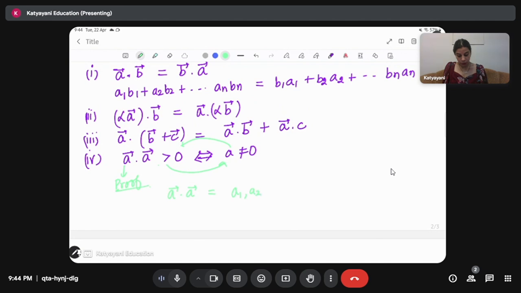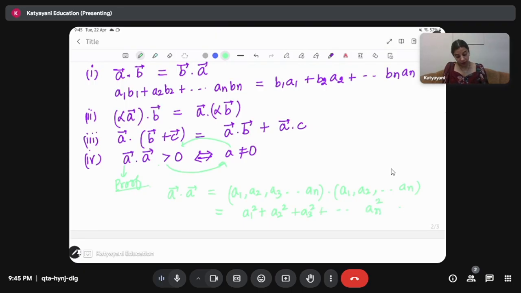A1, A2, A3 and so on till An, dot A1, A2, A3 and so on till An, right? When I take their dot product, I will multiply A1 with A1, A2 with A2, A3 with A3 and then add them all, right? So what do I get? A1 square plus A2 square plus A3 square and so on till An square.